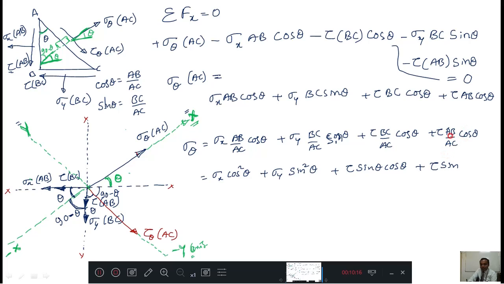Here I made a mistake. This is cos theta, this is sin theta. See, AB by AC is cos theta, and BC by AC is sin theta.